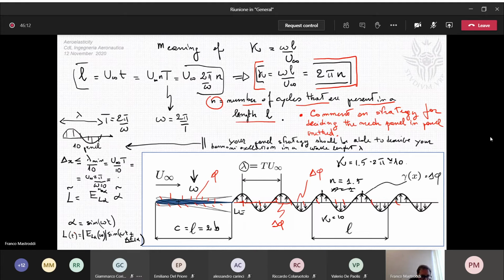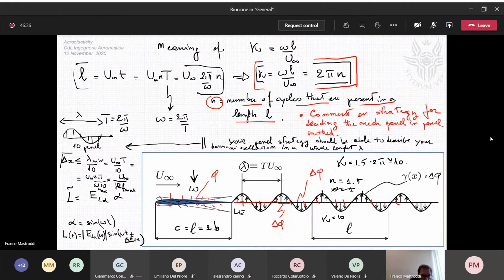So you have U infinite by f max, and you have a 10. This 10 represents your decision to represent this worst case minimum with a number of 10 panels for the higher frequency of your problem.